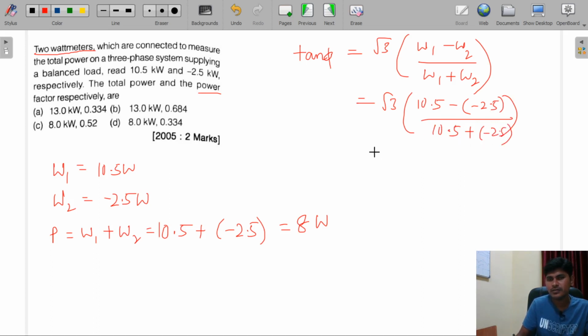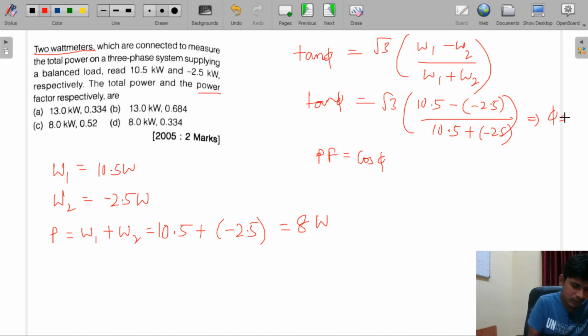You're going to get tan phi. Then the power factor cos phi is equal to cos of tan inverse of that. From this, what is the phase angle?